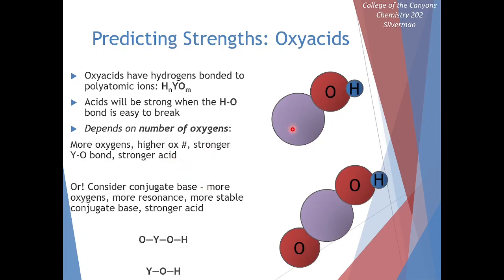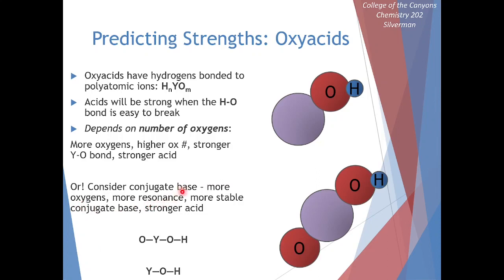The number of oxygens surrounding our central atom will change the oxidation state of our central atom. The larger that oxidation state of our central atom, the more electrons are pulled away from these oxygens, the more electrons are pulled away from those hydrogens, the weaker that O-H bond. So comparing oxyacids with the same central atom but different numbers of oxygens, we can think about the oxidation state.